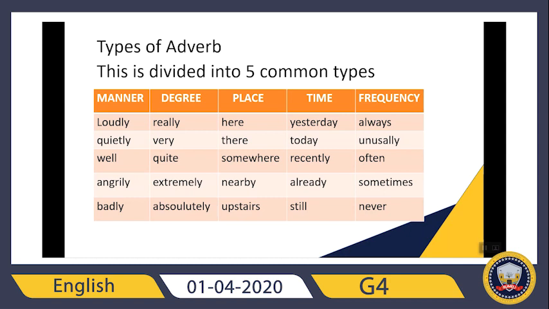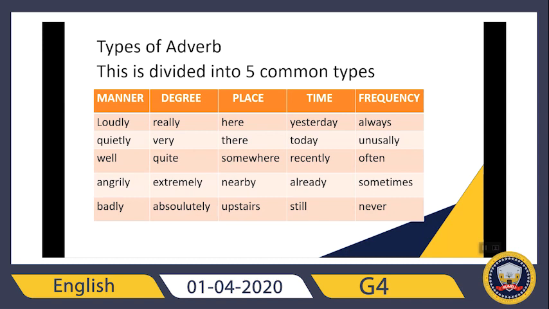So the first type is what? Adverb of manner. And under the adverb of manner, we have loudly, quietly, well, angrily, badly. And under the adverb of degree, we have really, very, quite, extremely, absolutely.